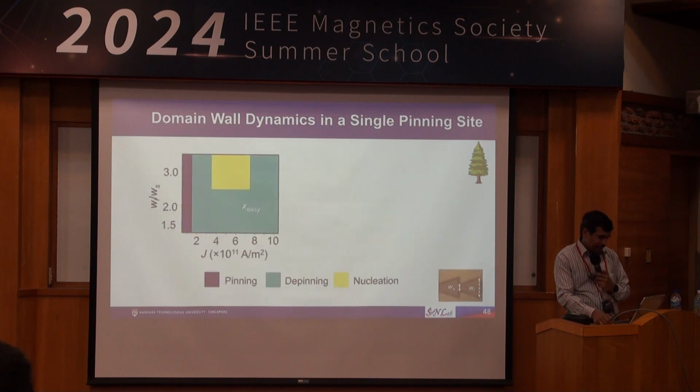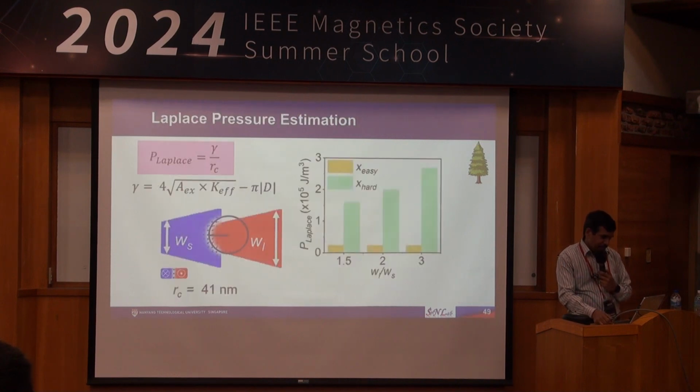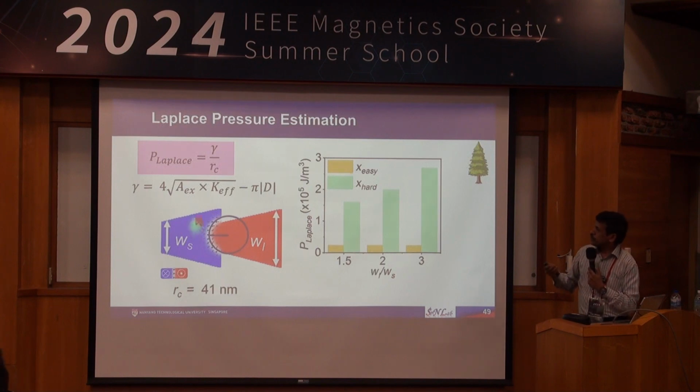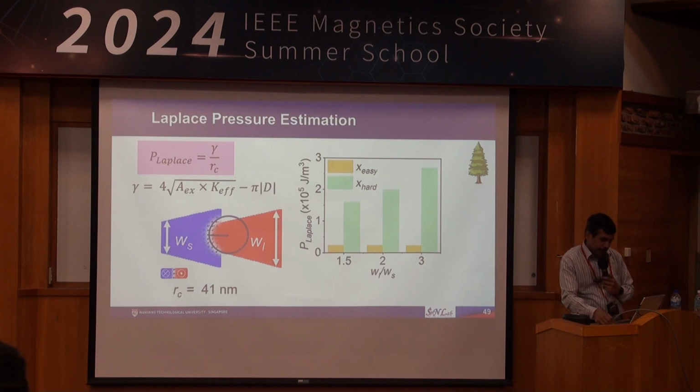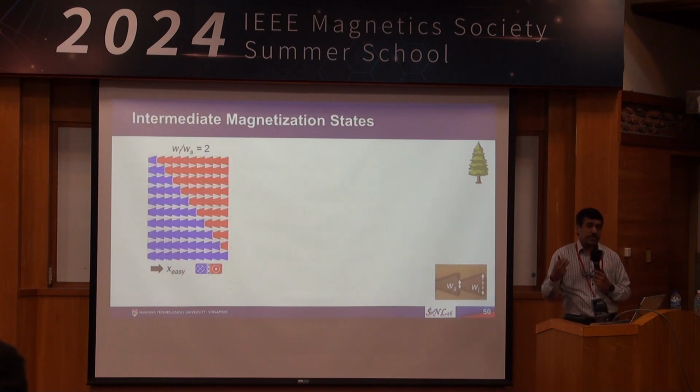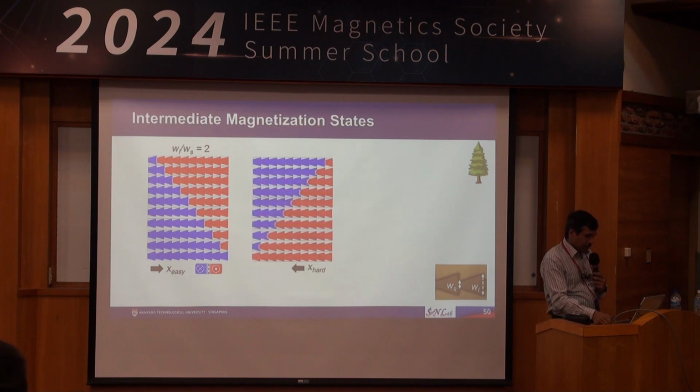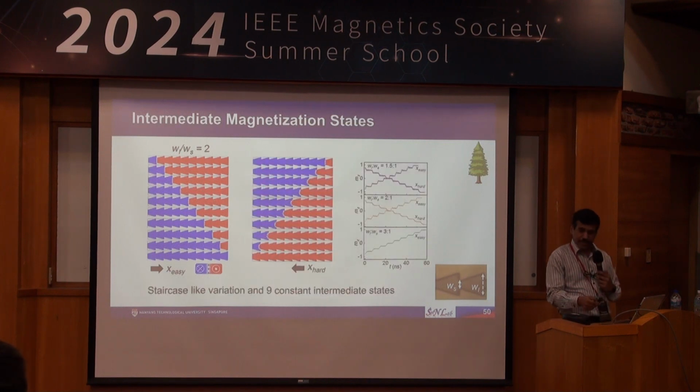We can actually estimate the reason. We find that it is the Laplace pressure that gives us the easy and hard direction. In the easy direction, the Laplace pressure is the same, but in the hard direction, the Laplace pressure increases as you keep increasing the length and the width of this device. So by forming such devices, we can pin the domain wall position and move the domain walls clearly.